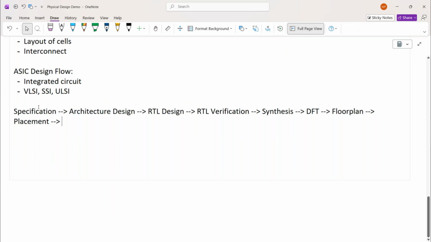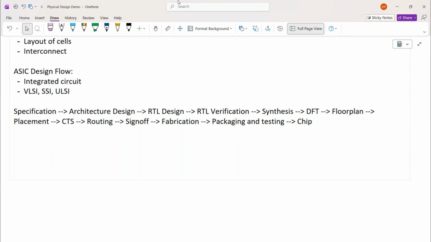Then CTS. Then routing. Then sign off. And it can then be fabricated. Fabrication. After the fabrication, it goes for packaging and testing, right? And you will get a chip at the end, right?